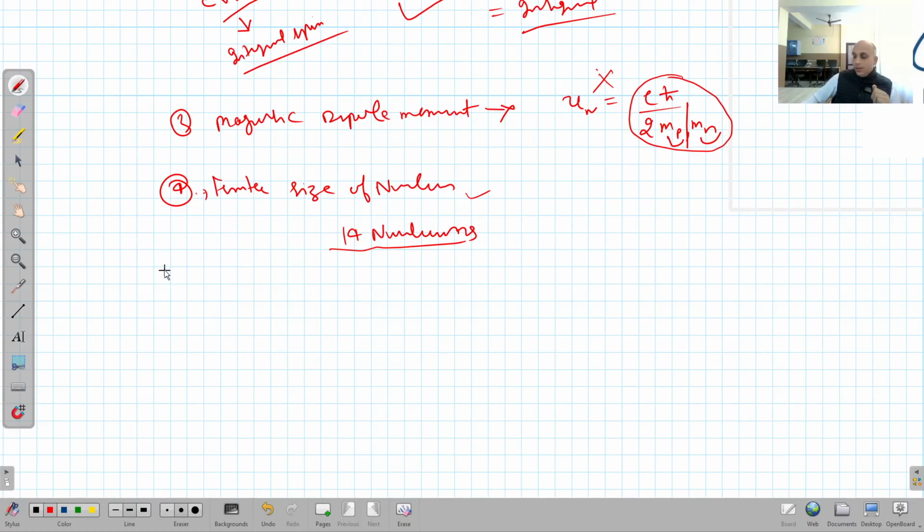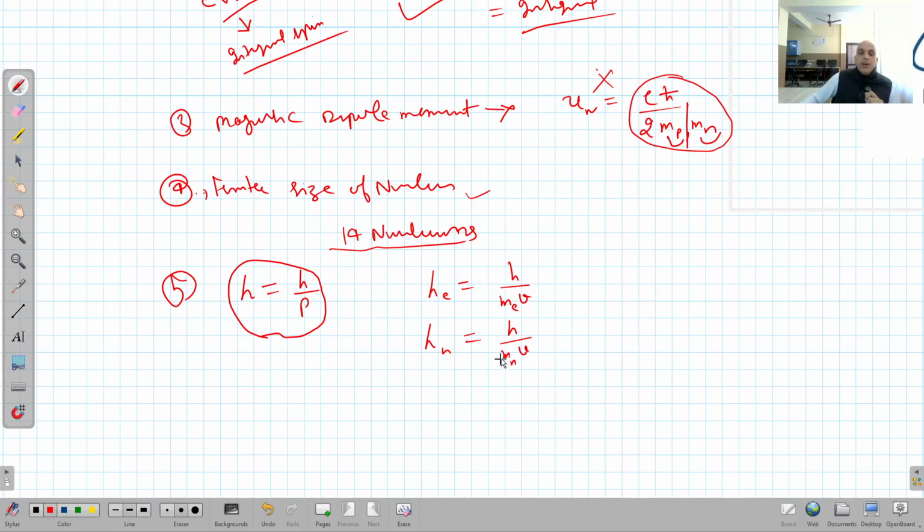Now I am coming to the last problem, that is with the wavelength. We have seen lambda is equal to h upon p. Now you can simply compare in the case of electron, right? Lambda electron will be equal to h upon, if I write p is equal to mv for simple consideration, and lambda neutron is equal to h upon m_n v. Now you can see the mass of electron is very small as compared to the mass of neutron.